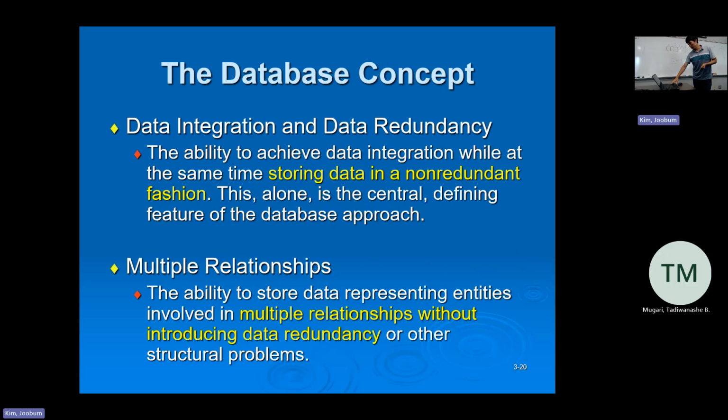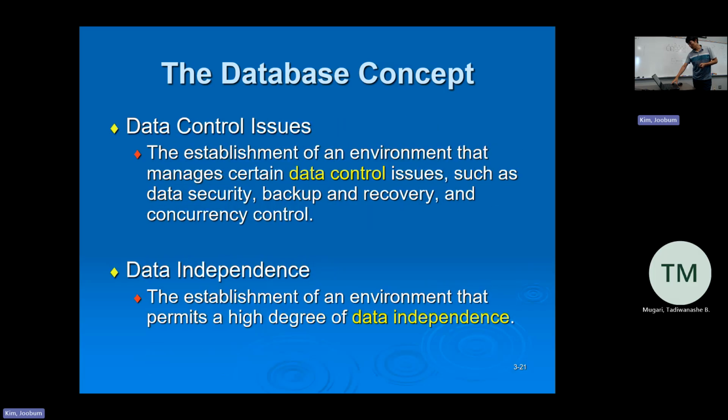And then integration, redundancy, I'll talk about later. Control issue. Think about that. These days, on Amazon, if we want to buy an iPhone 17, maybe 1 million people are trying to access at the same time, right?